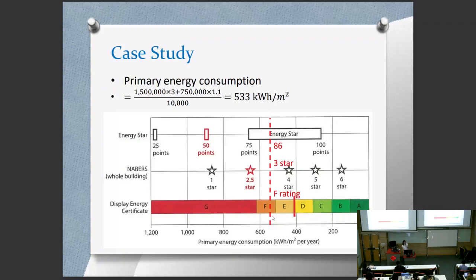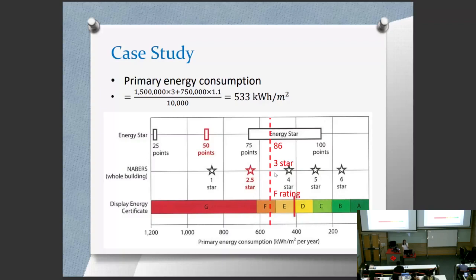And it will be the F rating for the DEC. And then for the Australia rating, around 3 stars. And for the US, the number of points will be 86. So for the same building, according to the UK labeling scheme, not very good performance, F rating.